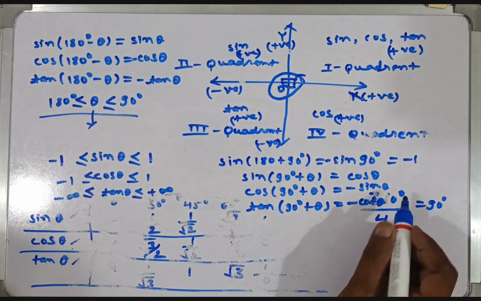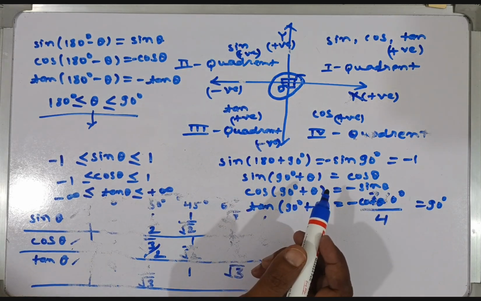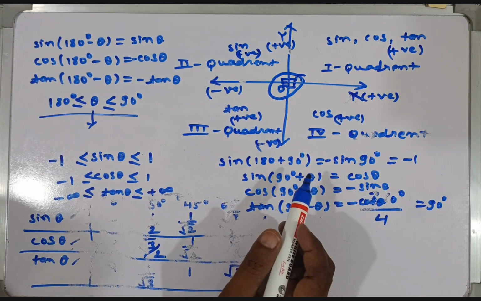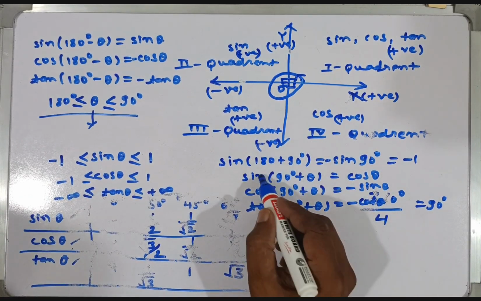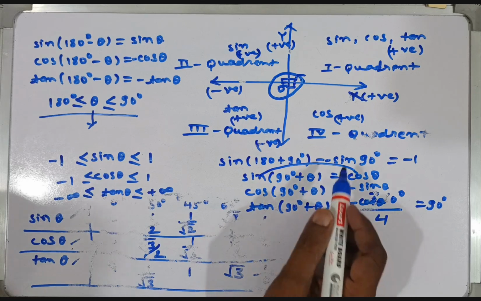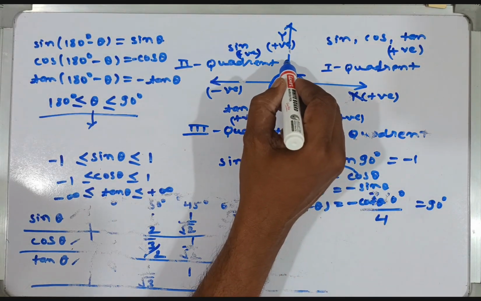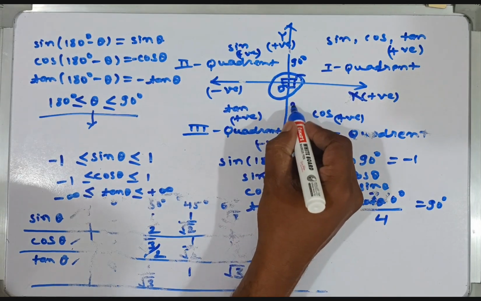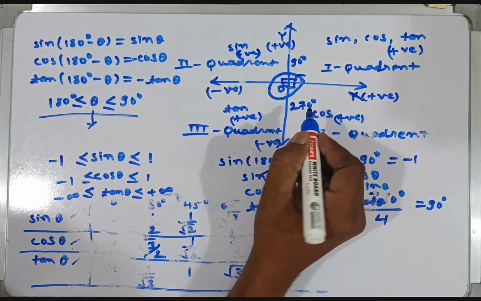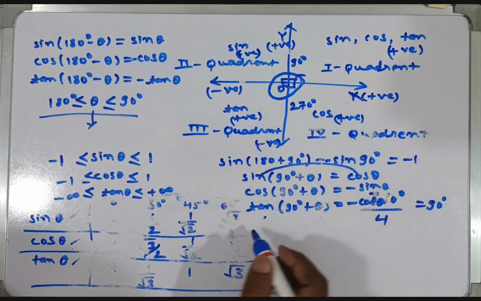So the change of sine to cos happens when the angle of 90 degree or 270 degree comes.